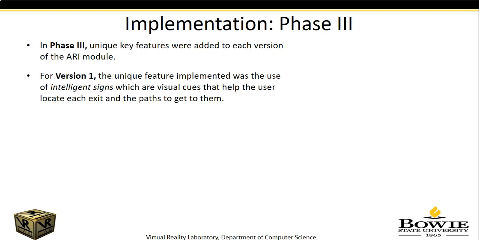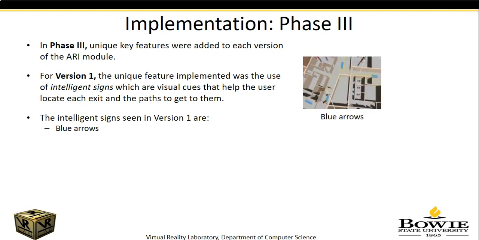In the third phase, key features were added onto each version of the ARI module. For version 1, visual cues known as intelligent signs were added. Intelligent signs are visual cues that help users know where the exits are in the building and how to get to each and every exit.